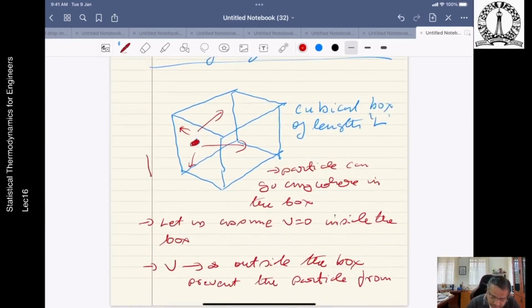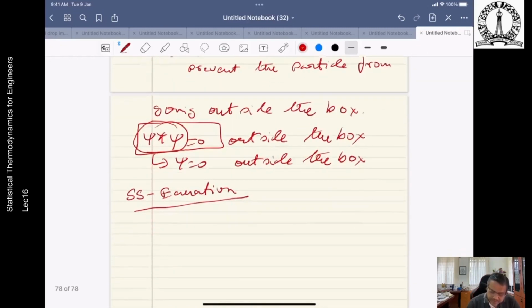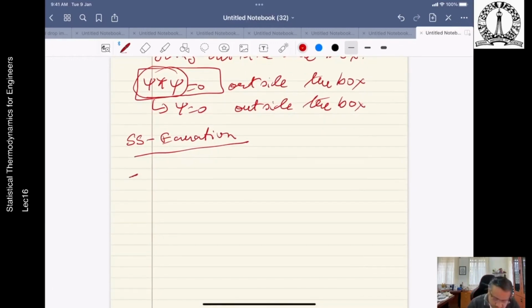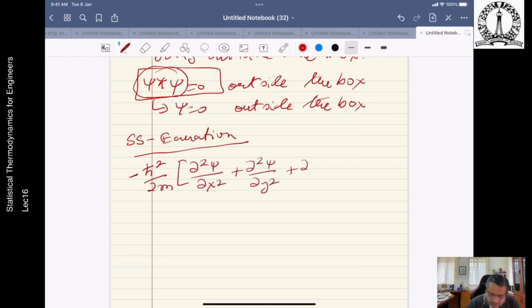So this should have x, y, z, and this is minus h squared by 2m times the square of the gradient. This is the steady state version of the Schrodinger wave equation.